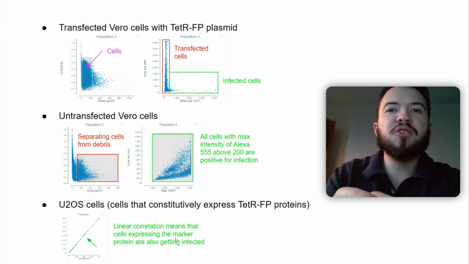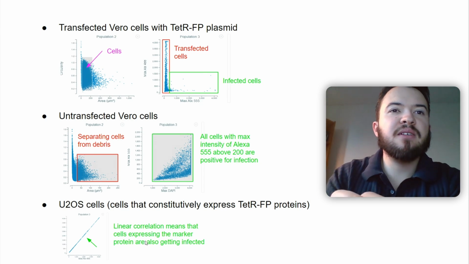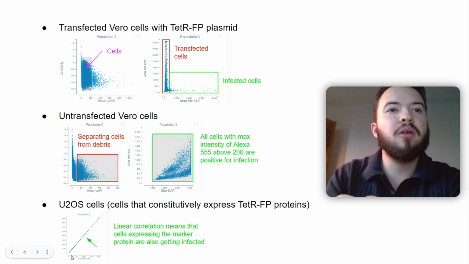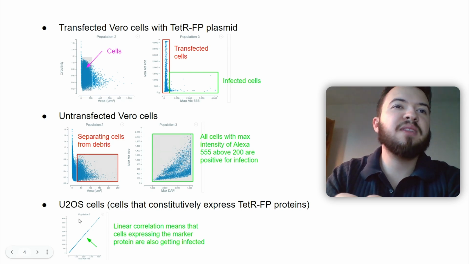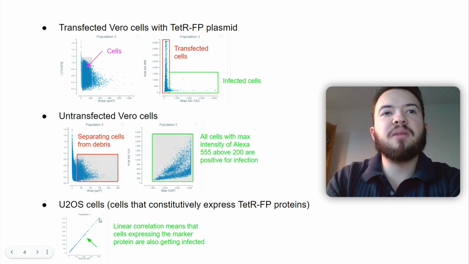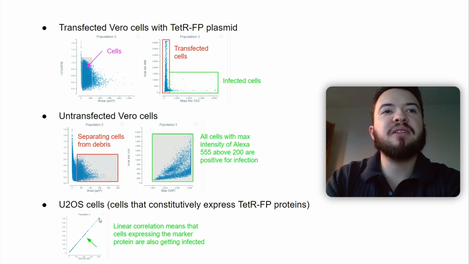And once we also tried it with cells that normally express TTR protein inside of them, we see that they instead start to group in a single line. So basically, they are both transfected and infected. It was not transfected, but it has a protein already. So the protein itself doesn't render the cells unable to be infected.